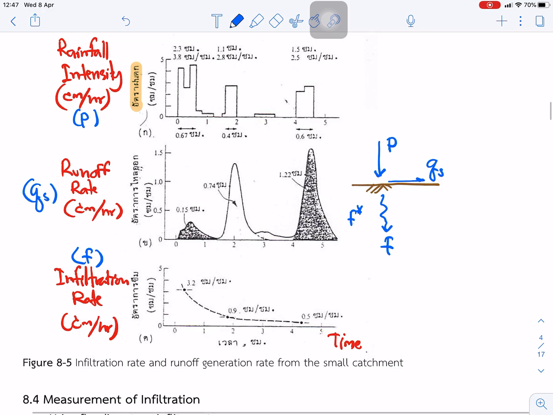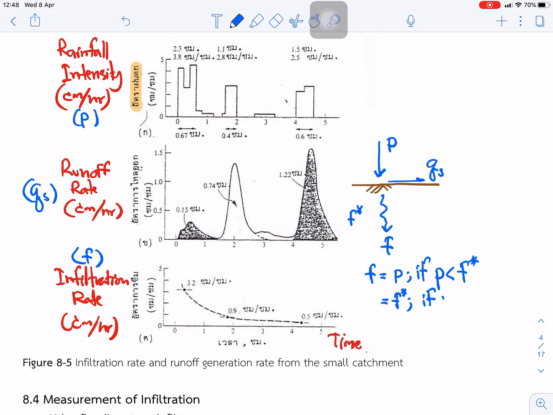You can write the equation for infiltration. Sorry, this is: infiltration f is equal to the rainfall P if the rainfall is less than the infiltration capacity, so the rainfall is all infiltrated.